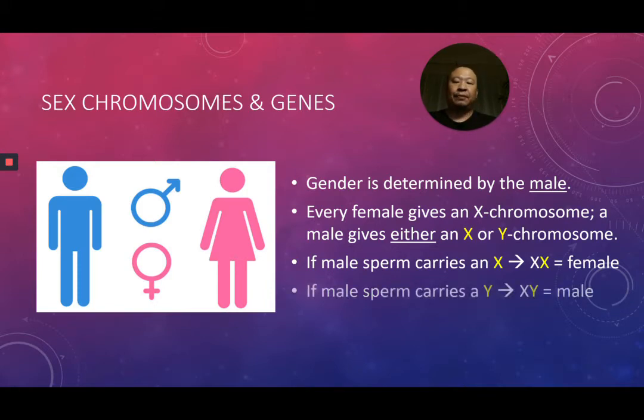But if a male sperm carries a Y chromosome, when that sperm fertilizes an egg that is carrying an X, you have a male, because now you have a non-homologous pair. You have an X chromosome, which is much larger, and the Y chromosome, which is much smaller.